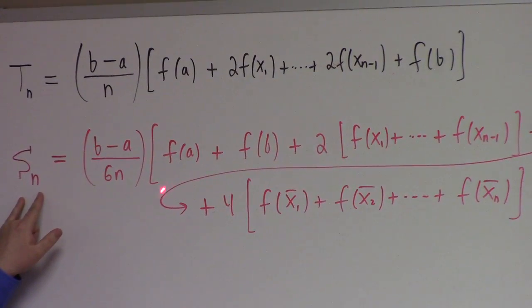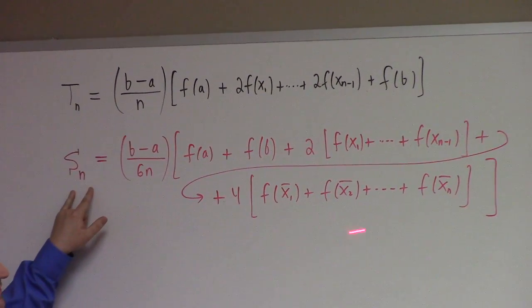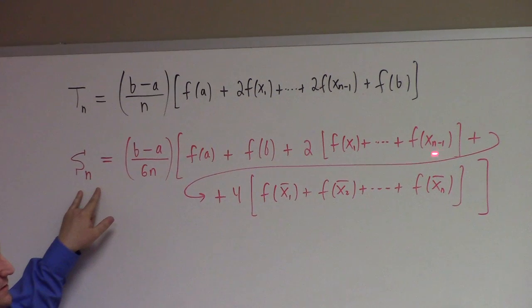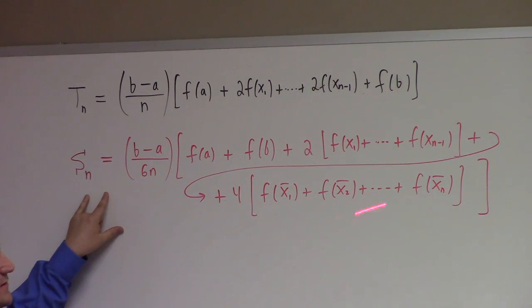Now this only makes sense if n is even, I think. Here's the formula in the book, though, for Simpson's Rule. It's a little bit complicated. It involves both the endpoints and the average points in order to make it all work. So there it is.